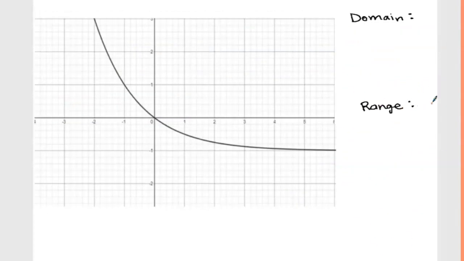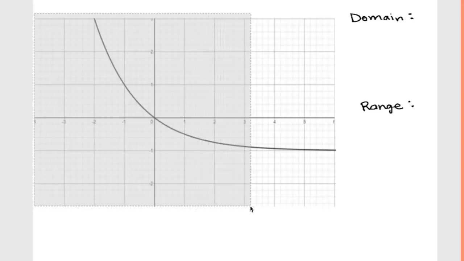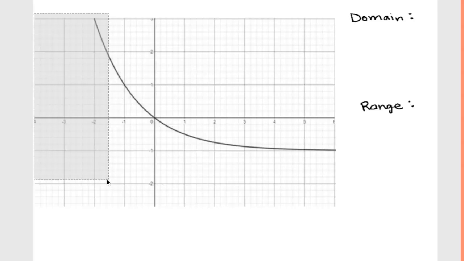Right. Okay, let's look at this last one here. So we are scanning for our domain. You see we are not touching it, but I'll come back and tell you something here. Okay, keep touching. But here we realize that if the graph keeps on going, it's going to cover this side of it too. So let's do that extension for it.